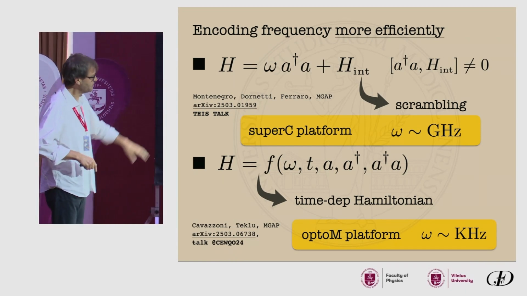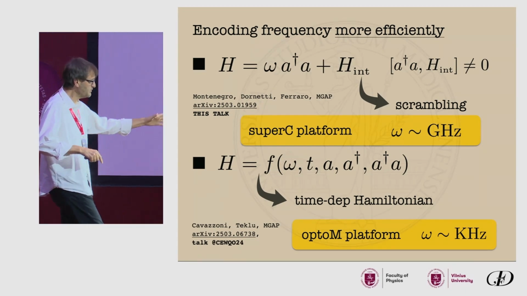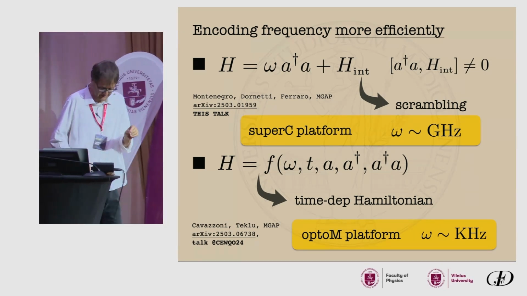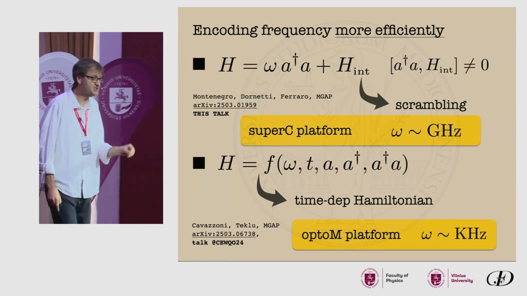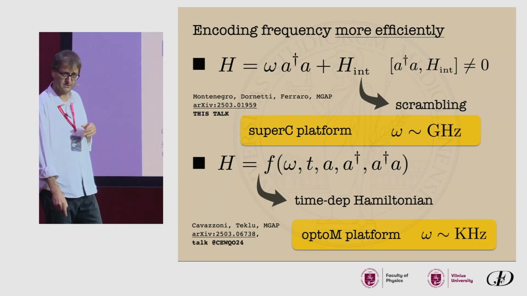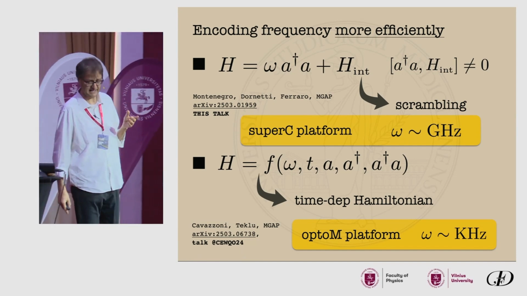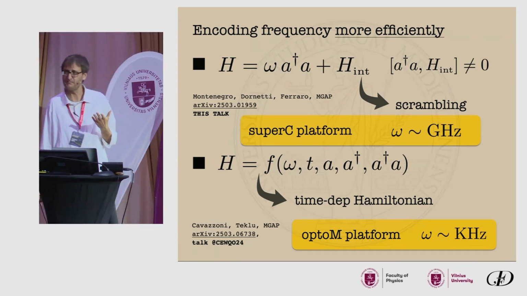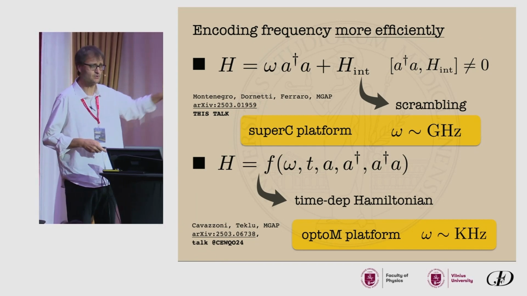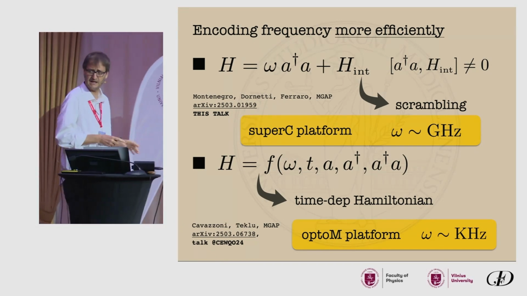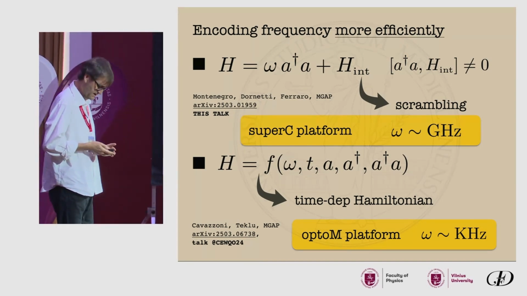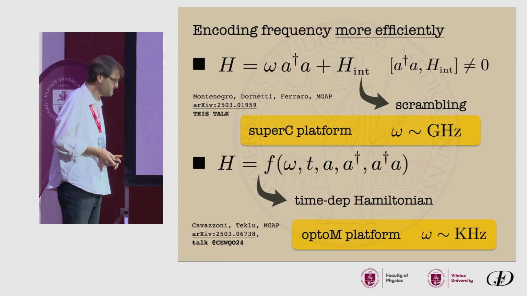That proposal is more suitable for frequencies in the order of kilohertz because you have to implement a jump in frequency, and this can be done by an acousto-optical modulator in optomechanics, while again in optics this may be difficult. But on paper, both proposals are suitable for any frequency, even radio frequency.